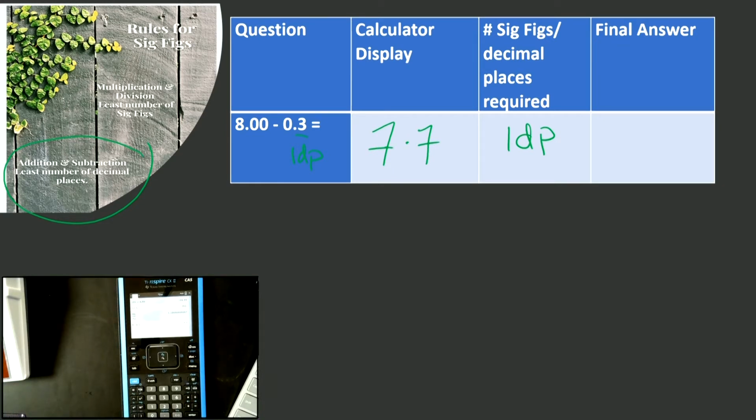My final answer has to have 1 decimal place. This time, this is an example where I wanted you to see the calculator actually gave you the correct number of sig figs. Again, that's not always going to be the case. So you have to make sure that you know what these rules are. Generally, they are implied. The question will not say to the correct number of significant figures. You have to know what these rules are. They'll be with you all the way through your semester in chemistry.